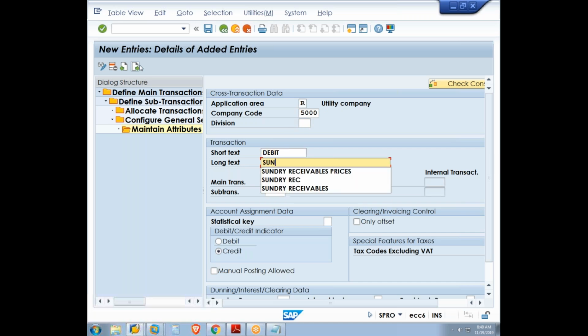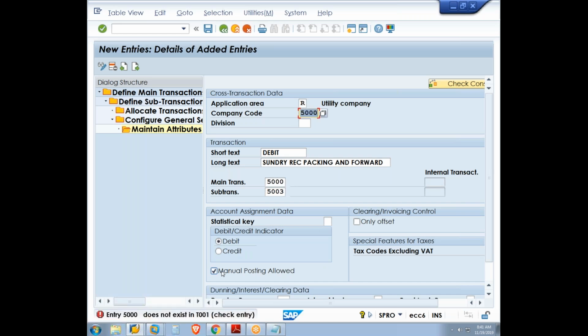So sundry receivable packing and forwarding. The main transaction is 5000 and the sub transaction is 5003, and it's a debit entry, manual posting. Enter. Our company code is 555 and then save it. Come back.